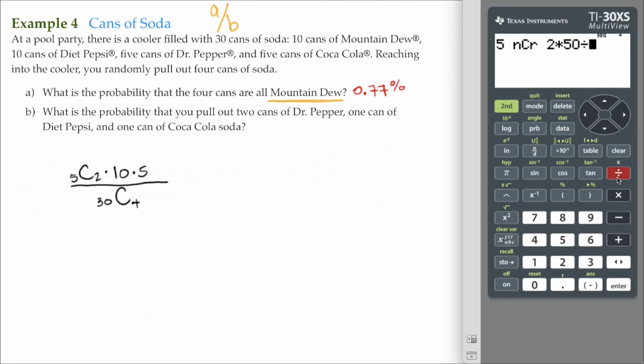Then I'm going to divide that by 30 choose 4. And that comes out to be approximately 0.182. So we know that as 1.82%. And there we go.